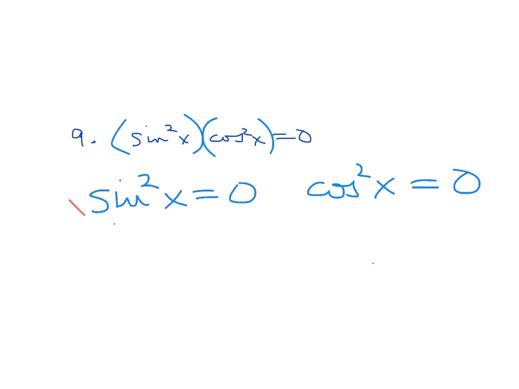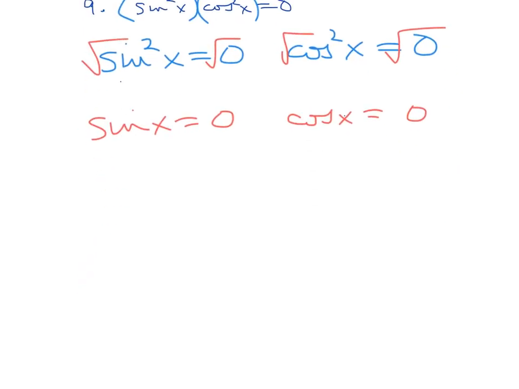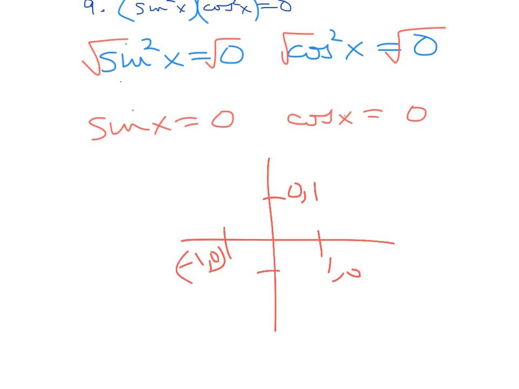I need to square root both sides. Square root of 0 is just 0. So I get sine of x equals 0 and cosine x equals 0. Again, these are going to come from this thing. So 1 comma 0, 0 comma 1, negative 1, 0, 0, negative 1.